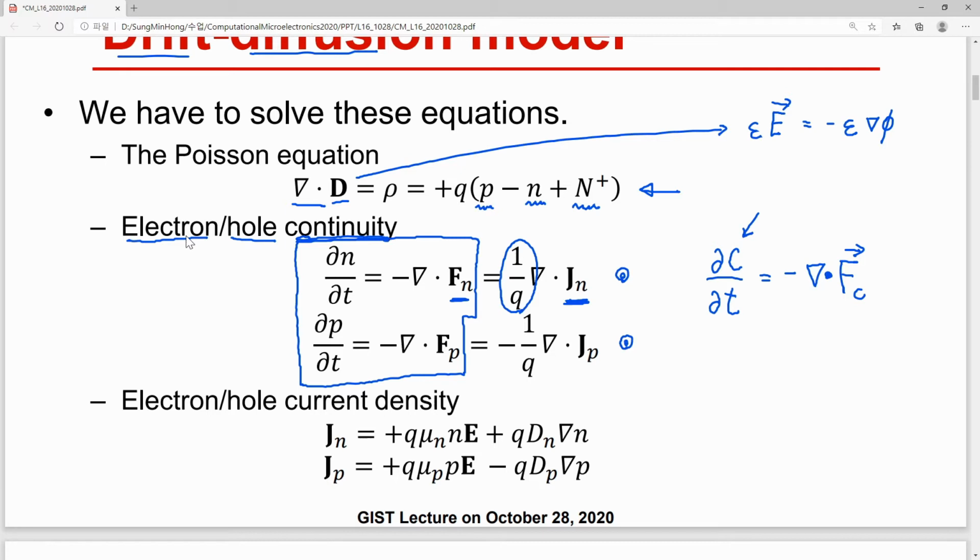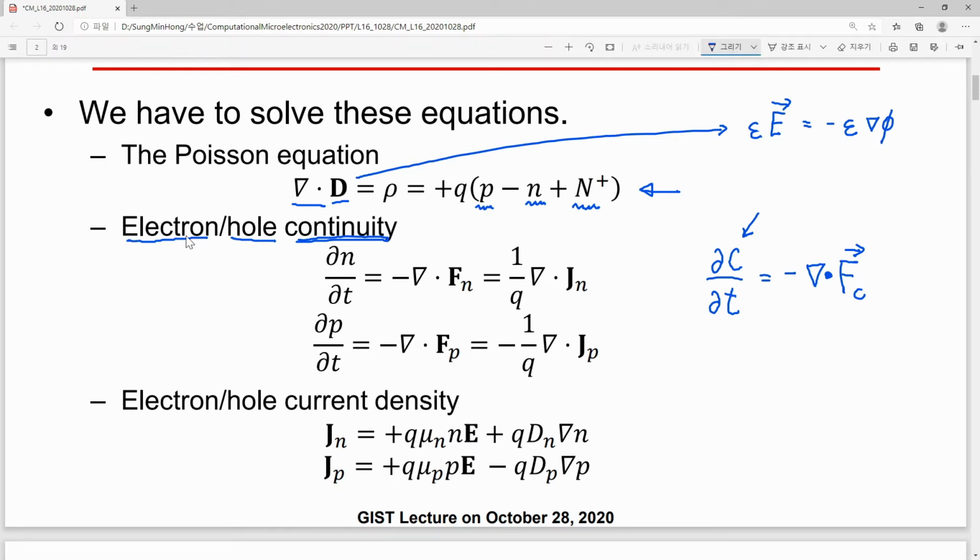On the other hand, in order to obtain J sub p, the hole current density, we have to multiply just a positive q to our hole flux. So that's the reason why we still have minus 1 over q here. So please don't be confused with these signs.